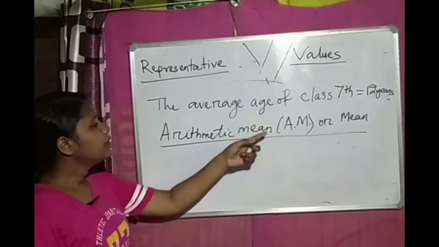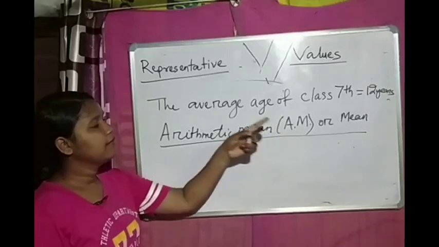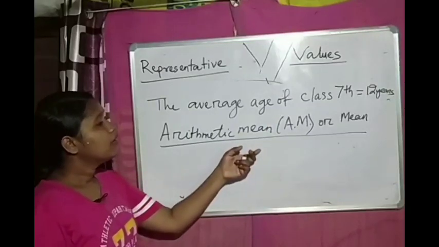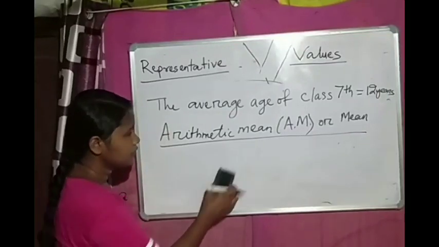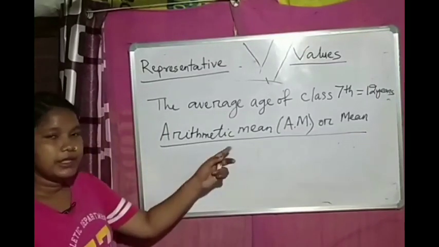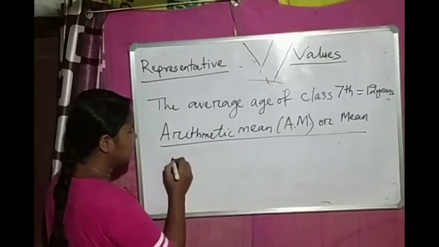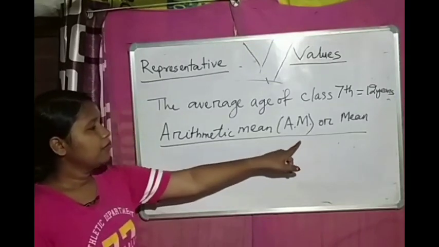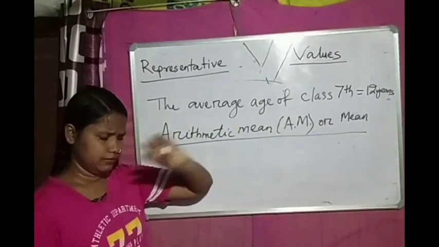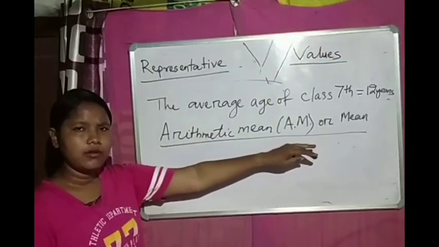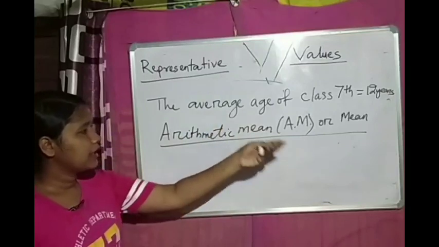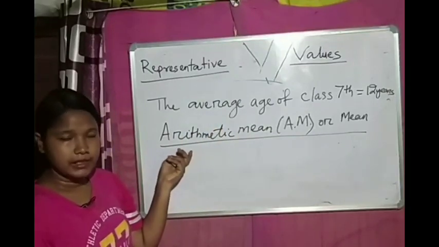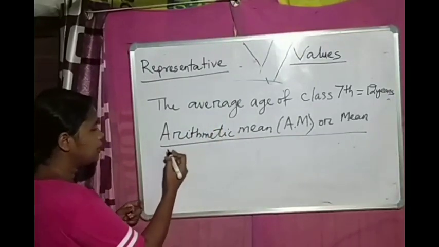It is the common representative value of a group of data. So whatever group of data we have been given, it will represent. So how will it represent?